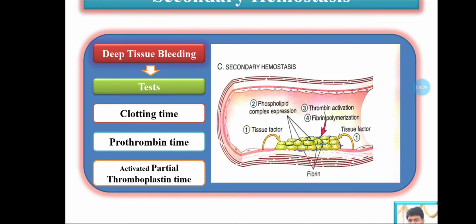We can do the following tests in the lab: clotting time, prothrombin time, and activated partial thromboplastin time. Today we are going to discuss the activated partial thromboplastin time. In previous videos we discussed the clotting time as well as the prothrombin time.